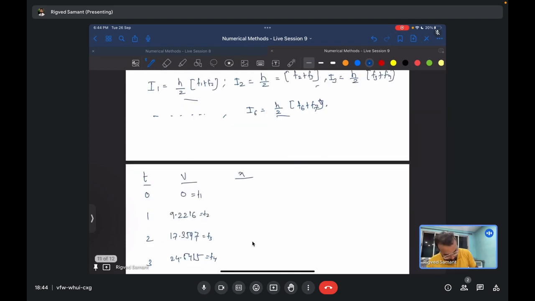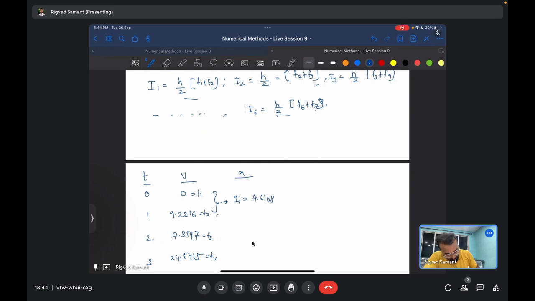Basically these two values will give you first I1 using this formula. So h is equal to 1, you already know, and f1 and f2 you know. If you substitute, you will get 4.6108, then 13.2907. I3 you will get 20.9506.